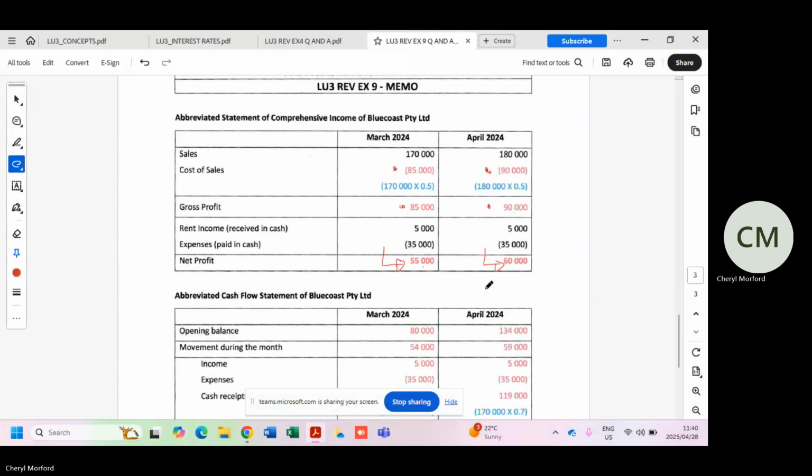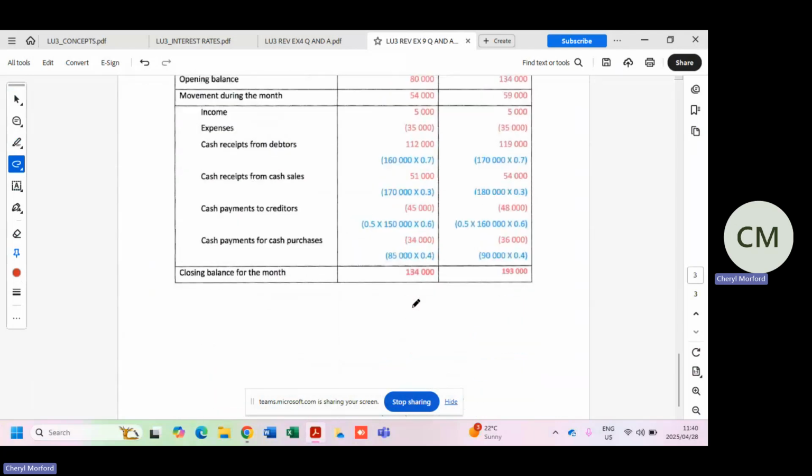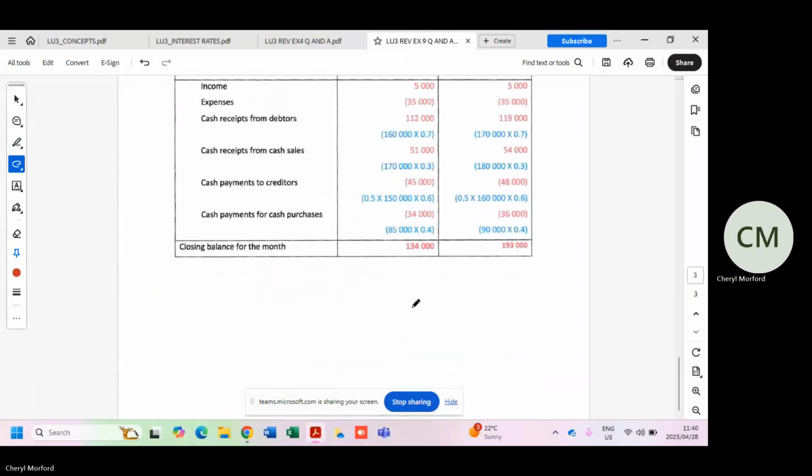Right. The first thing that we need for your cash flow statement is obviously how much money we have in the bank at the start of the beginning period. So we're going to have a look at the question.